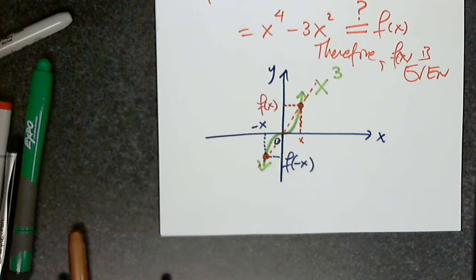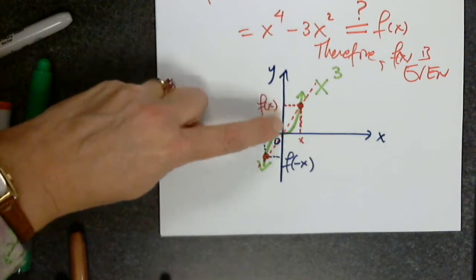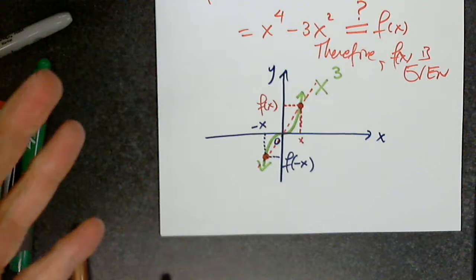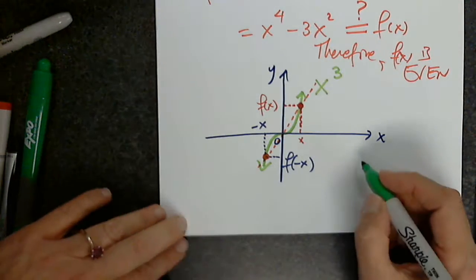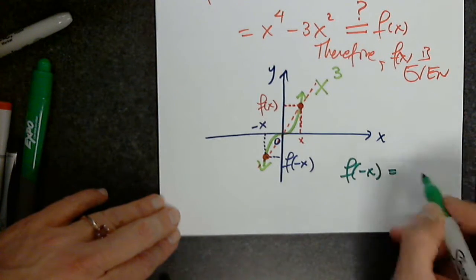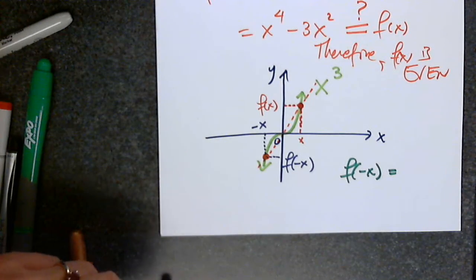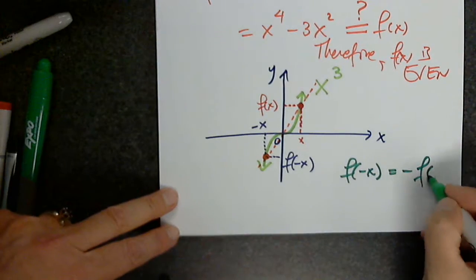They don't, but there is a relationship. We just talked about it. If this is 5, what should this be? Right, it has to be negative 5. So f of negative x in this case must equal the opposite. Very good.